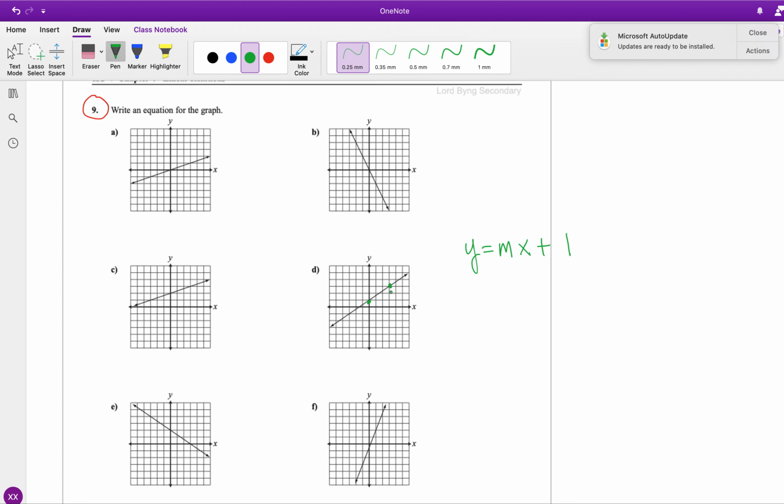So this is 1, 2, 3, see? No, 1 and then 2. So the slope is, rise is 2 over 3. If I do a negative 1, that means negative 2 over negative 3. So my equation is y equals 2 over 3 x plus 1.